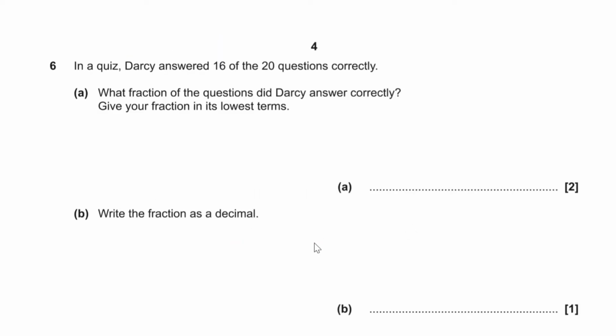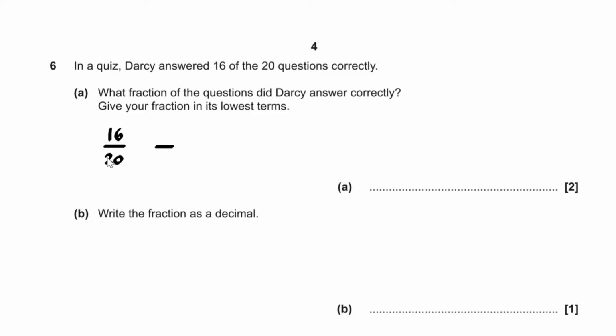Question number 6. In a quiz, Darcy answered 16 of the 20 questions correctly. For part A, what fraction of the questions did Darcy answer correctly? Give your fraction in its lowest terms. Well, out of the 20, 16 of them were answered correctly. We need to write 16 over 20 as a fraction in its lowest terms.